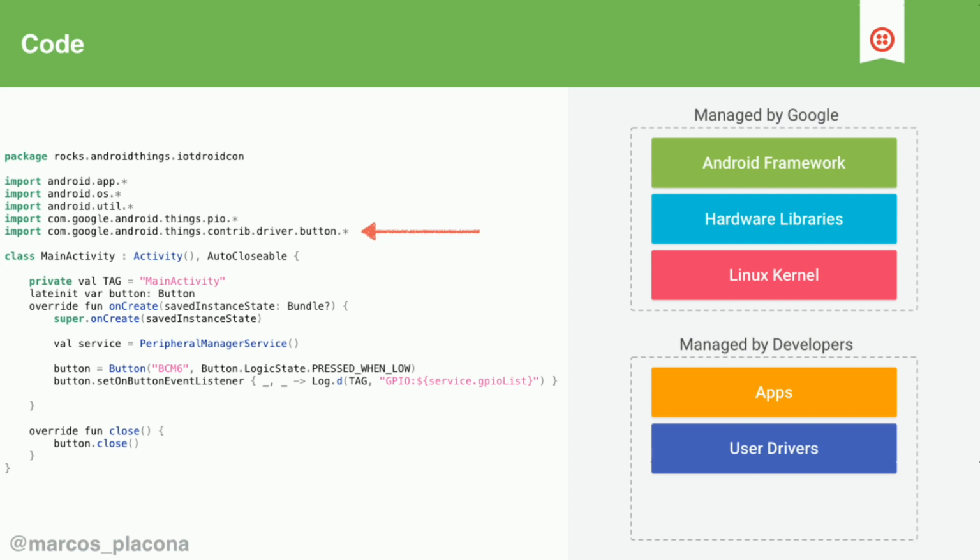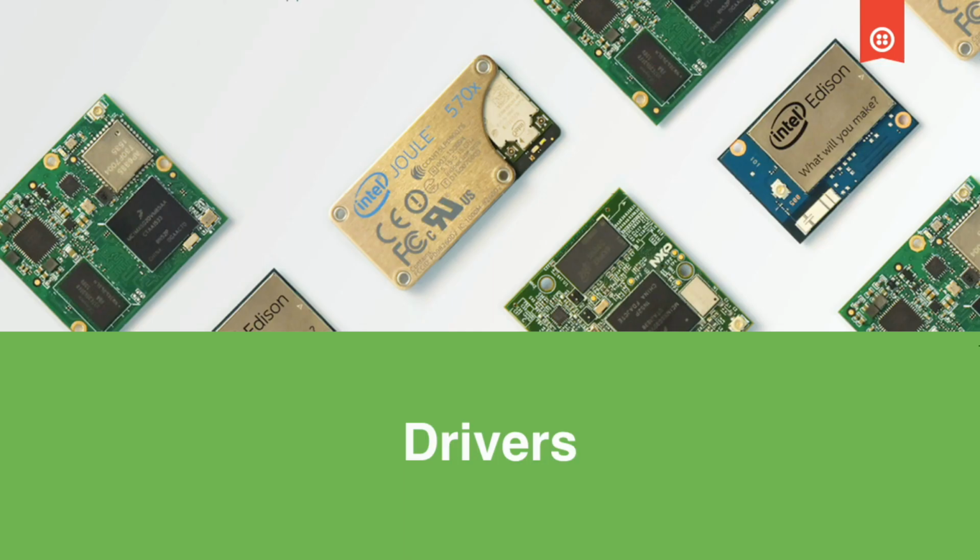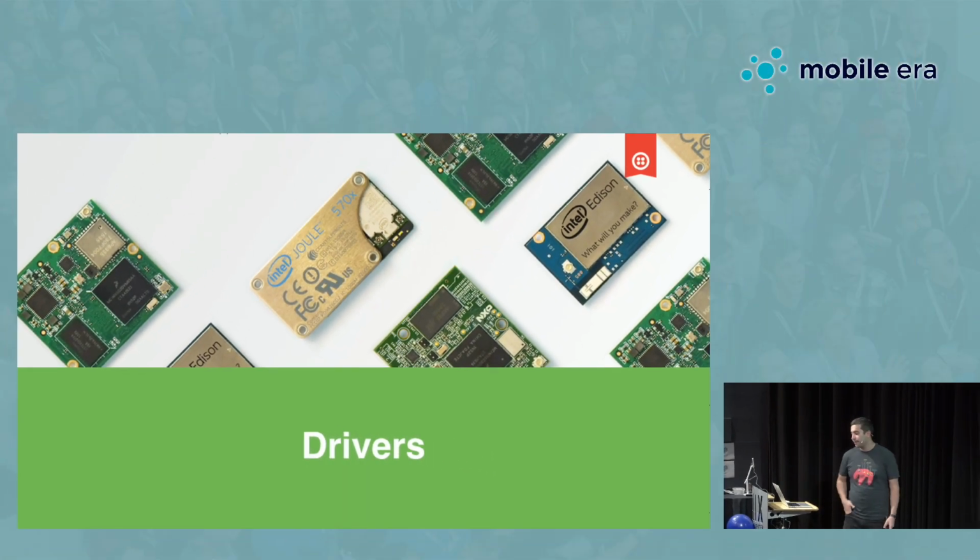So anything that is a driver is managed by the community. You can make a pull request to that library on GitHub, and you can help change how a button works. If you ever find a third state for this button, you can actually go and change it. But the first thing is managed by Google. So that's the bit that is not open source. But let's talk a little bit about drivers, and then we're going to talk about what Google manages.